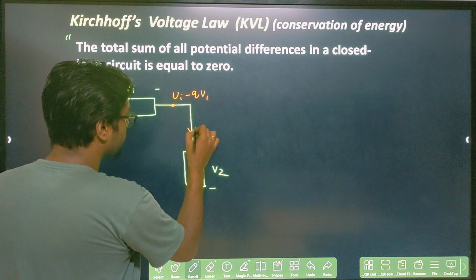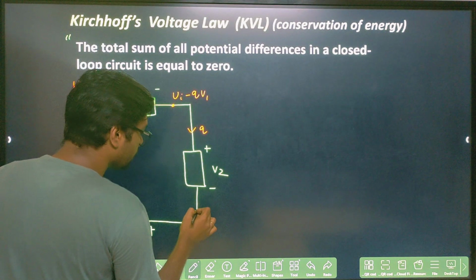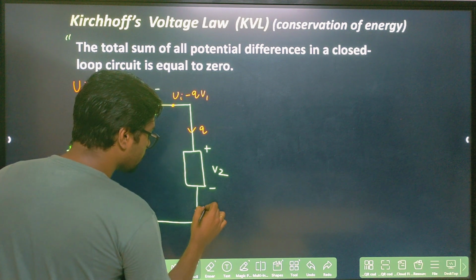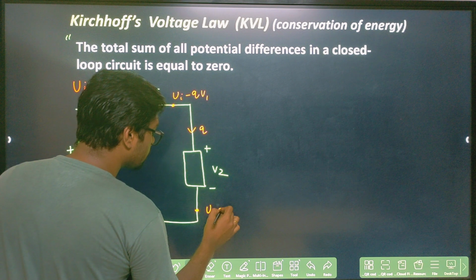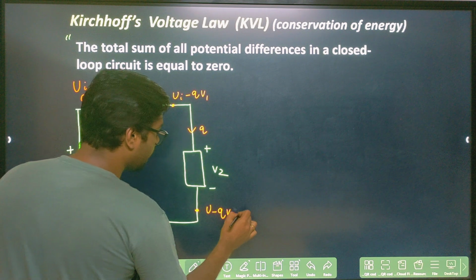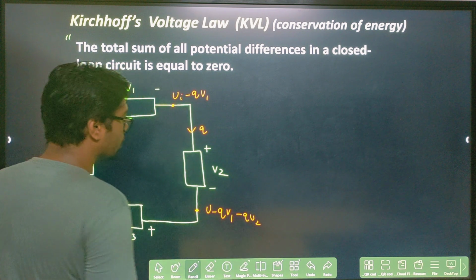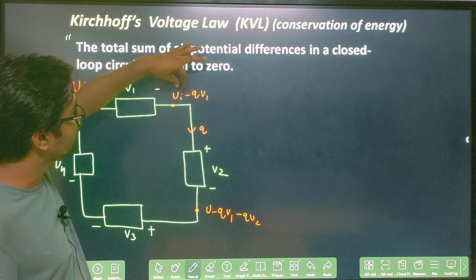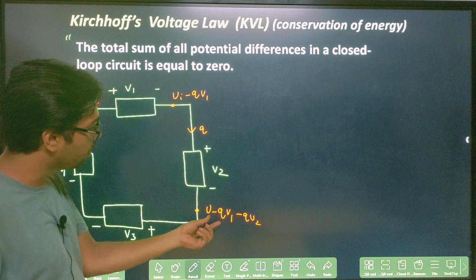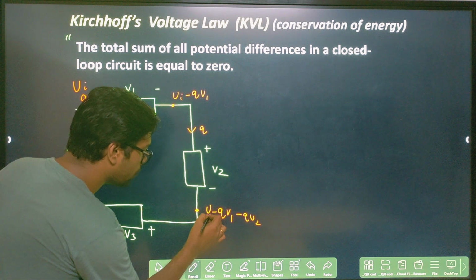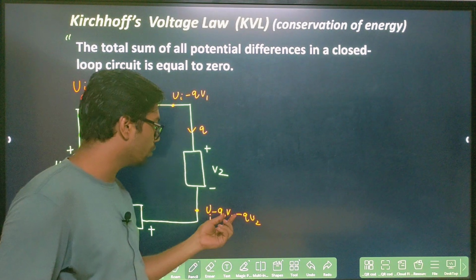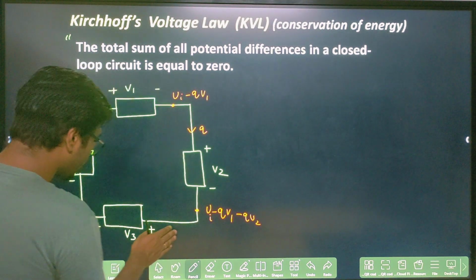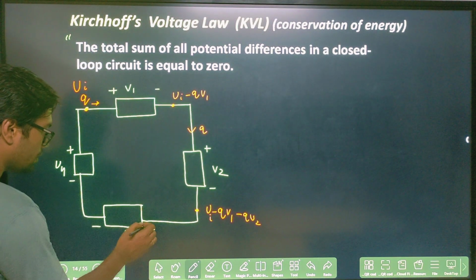So if the Q charge is flowing here, the potential energy will be UI minus Q into V1 minus Q into V2, because here also the potential energy will be lost. Here it is UI minus Q V1, here you can write UI minus Q V1 minus Q V2. Clear?